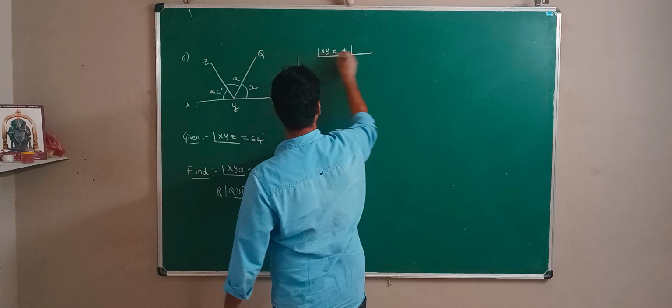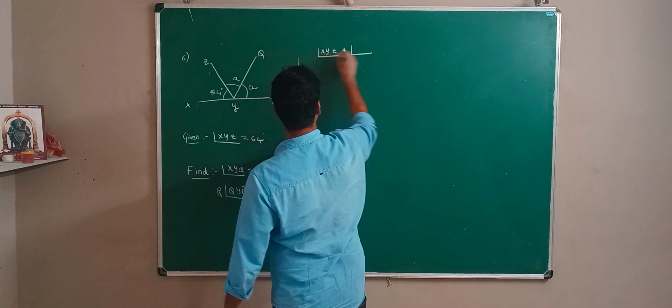Correct? How much is angle XYZ? 64 degree. How much is angle ZYQ? QYP is equal to 180 degree.